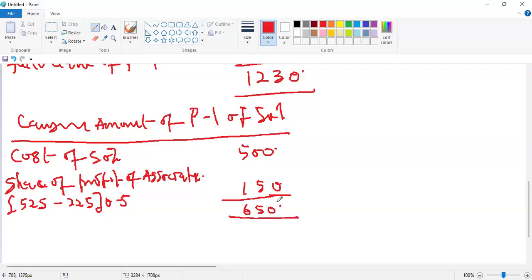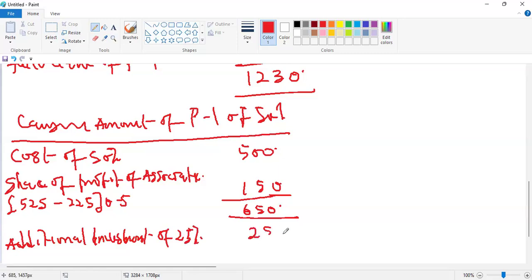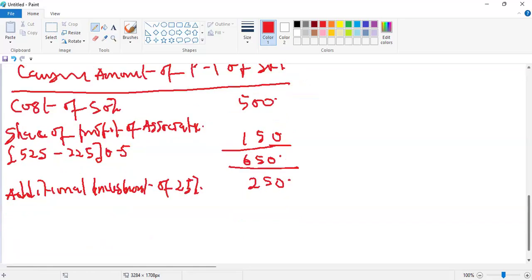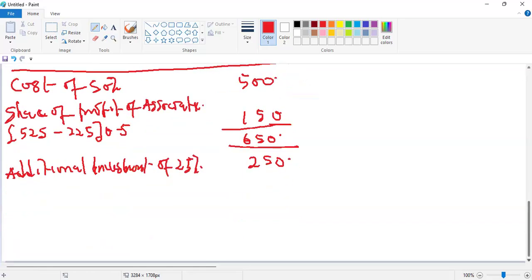But you will not see 650 in the statement of financial position as it is recorded. He purchased an additional investment of 25% at a cost of 250. This is what you will see in the books if it's recorded as carrying amount.